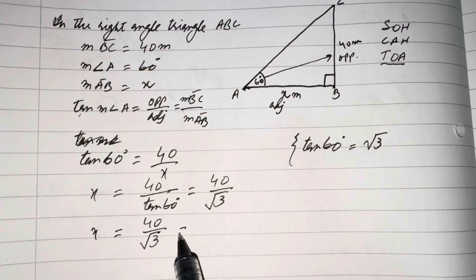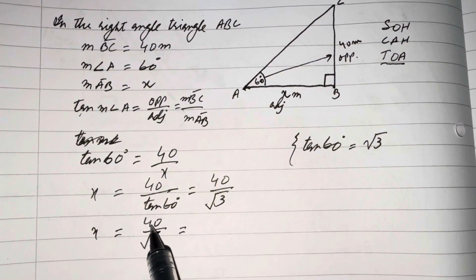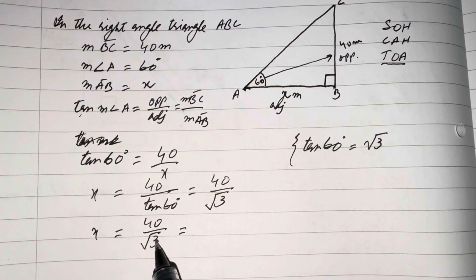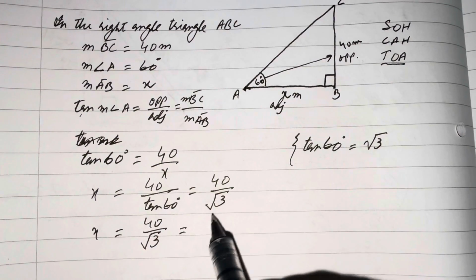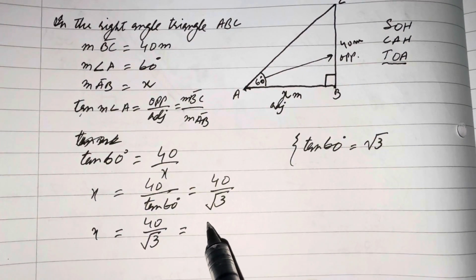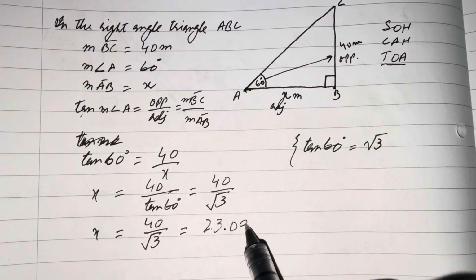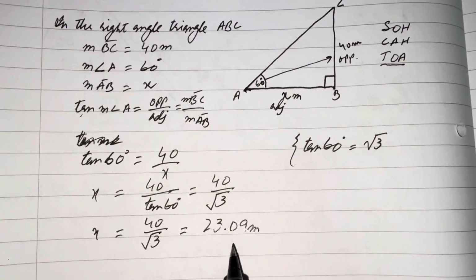If we use the calculator and divide 40 by under root 3, we will get the answer as 23.09 meters.